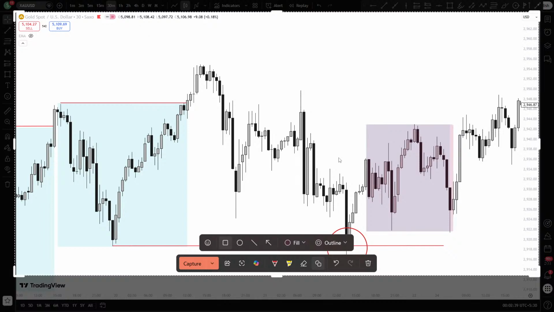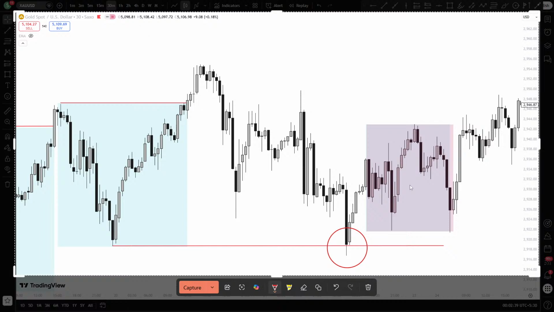So if this market was about to go down, we would expect consolidation at the bottom. The market will start giving us consolidation at the bottom. That's how the market works. If the consolidation is not below, it means the market is still pushing upward. So now we have our new higher high.